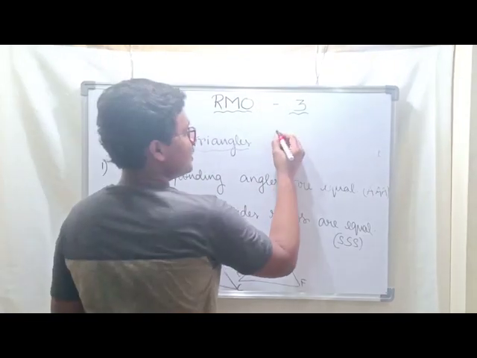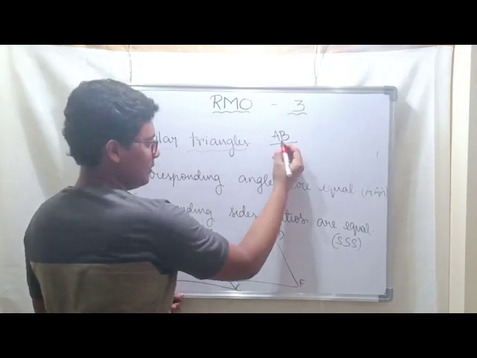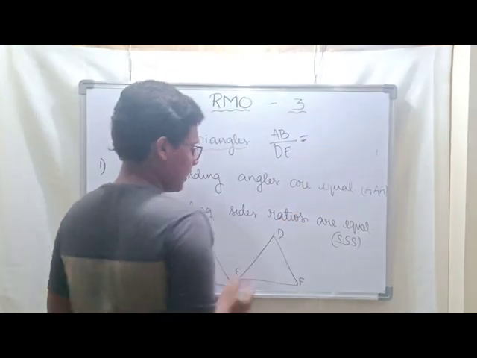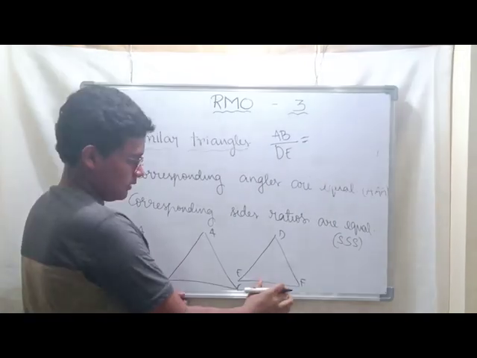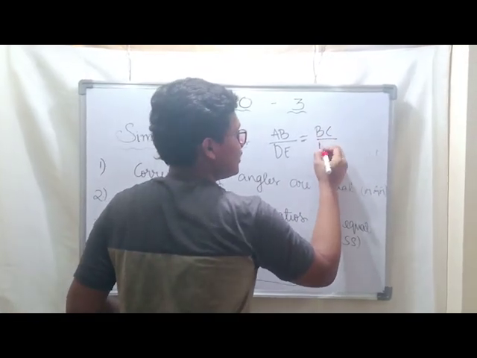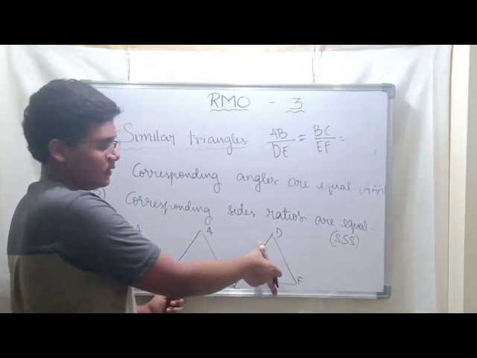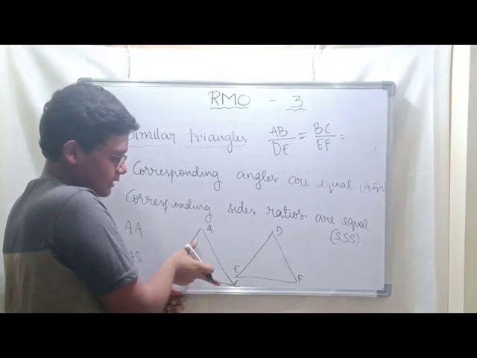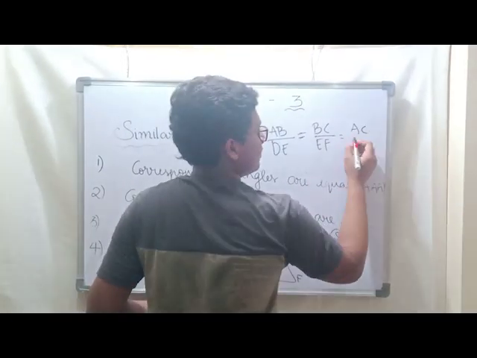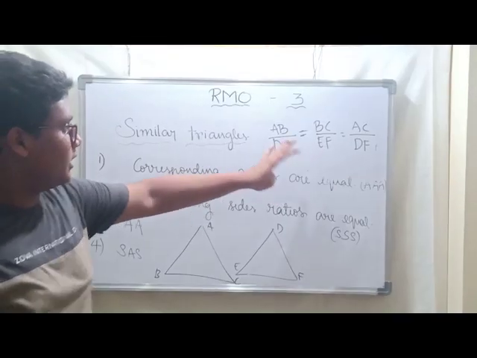It means that length of AB by length of DE is equal to BC by EF, which is equal to length of AC by DF.